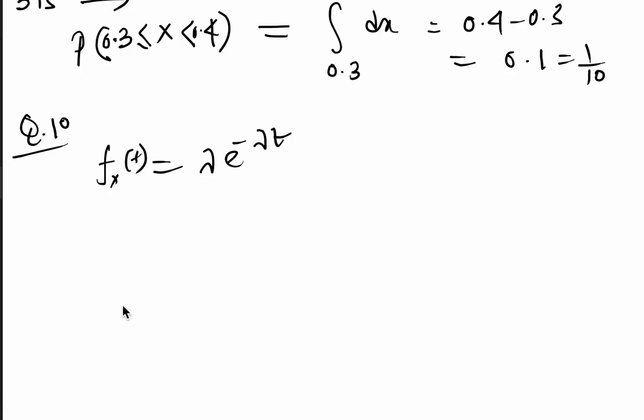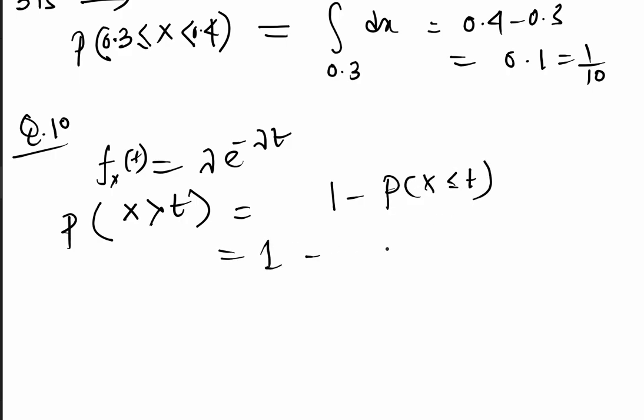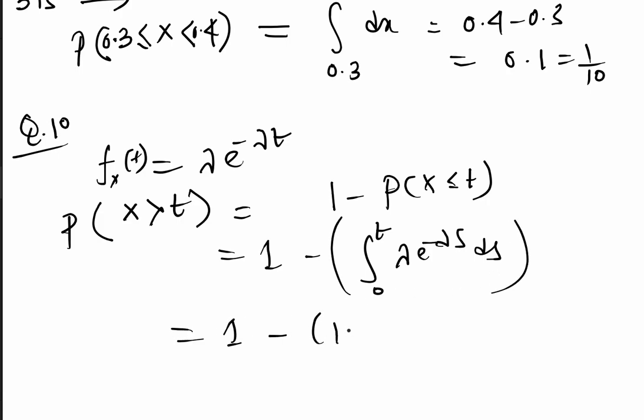Now what is the probability that x is larger than t? This is 1 minus the probability of x less than or equal to t. So 1 minus the integral from 0 to t of lambda e to the power minus lambda x, which is 1 minus of 1 minus e to the power minus lambda t.